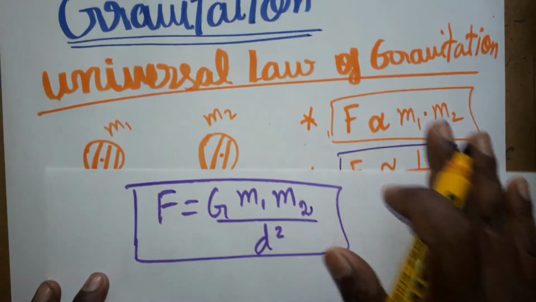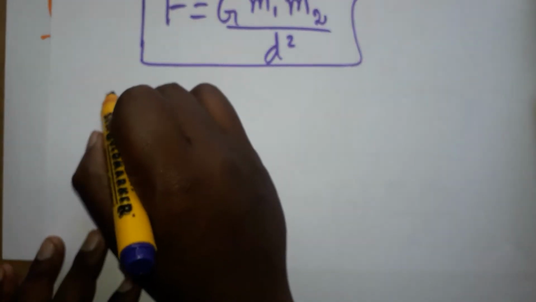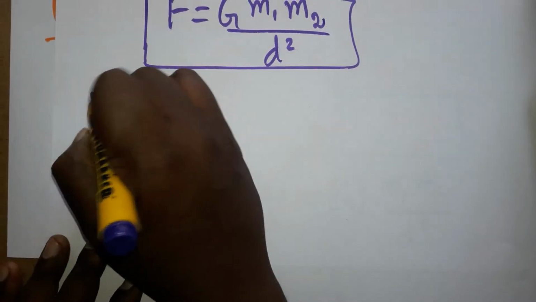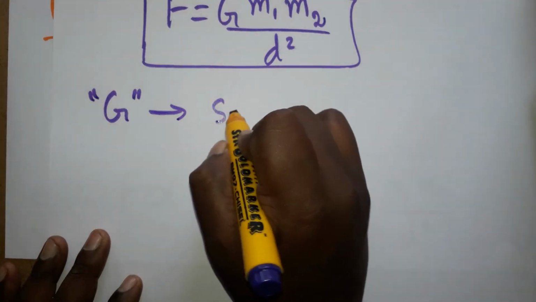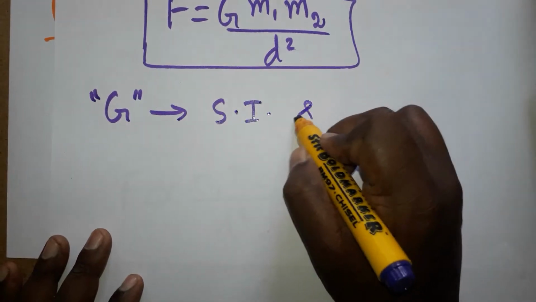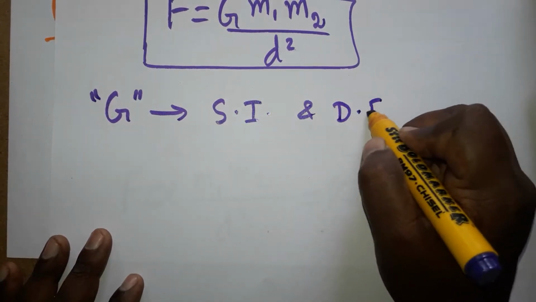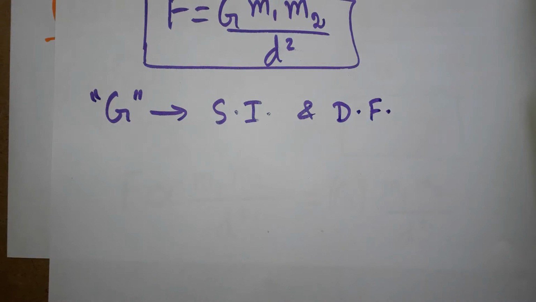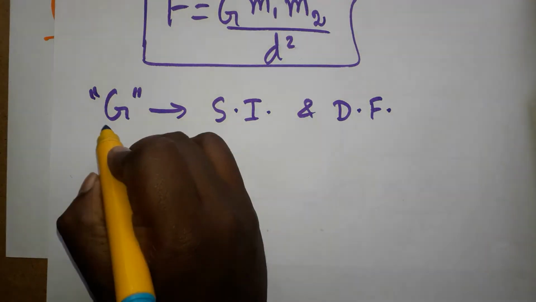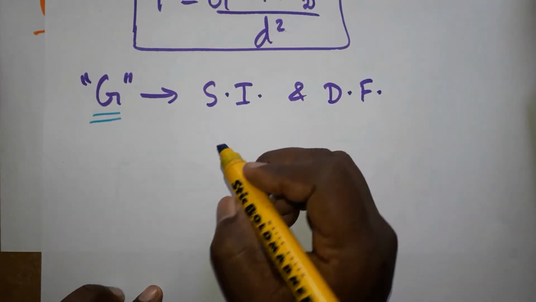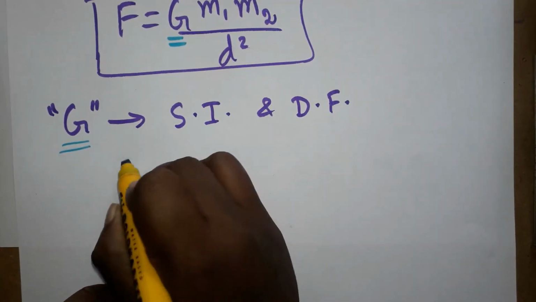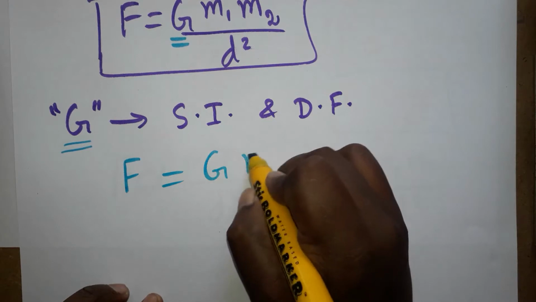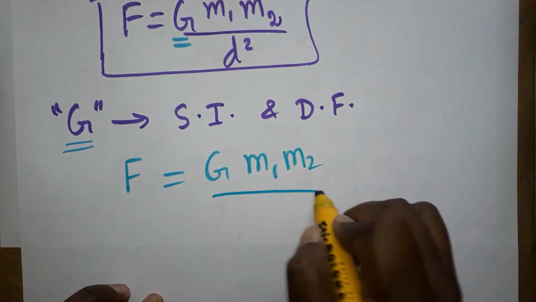The next concept is capital G. What is capital G? Capital G is the gravitational constant, which we can call the universal gravitation constant. We are going to find its SI unit and dimensional formula. In the same equation, F is equal to G m1 m2 divided by d square.